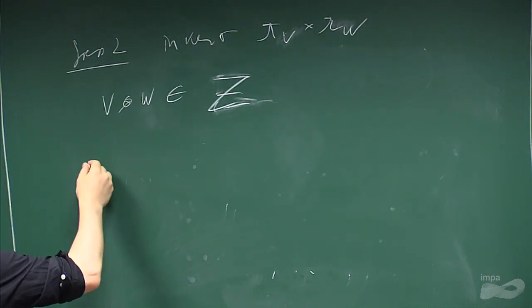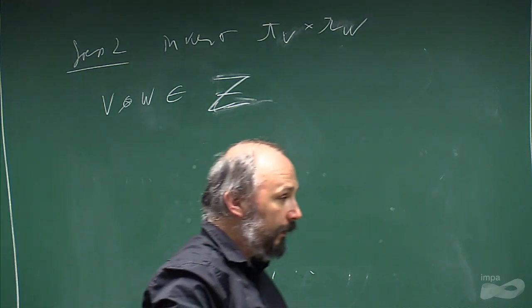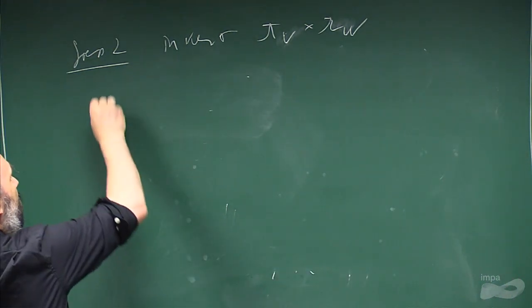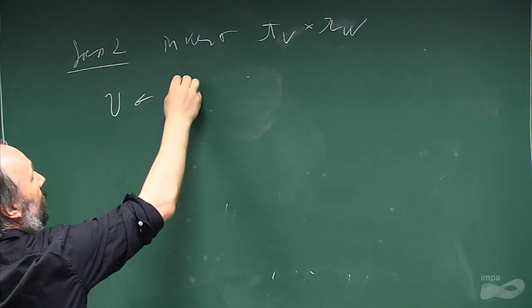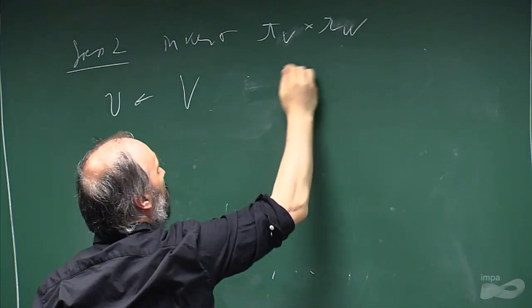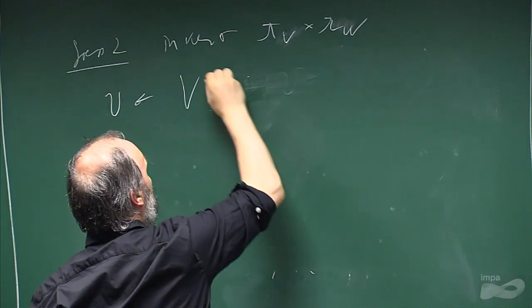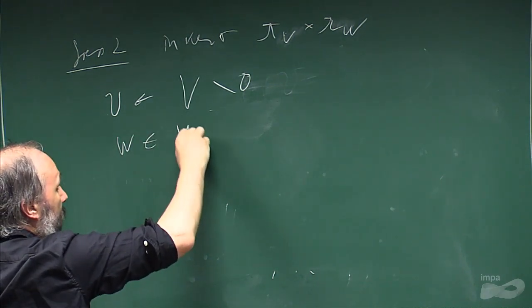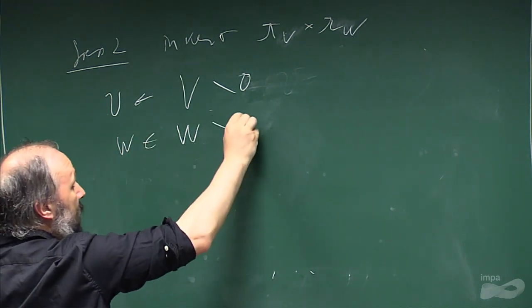Oh, sorry, I'm doing it wrong. So you have V inside V big, non-zero. So we just remove 0. W inside W big without 0.